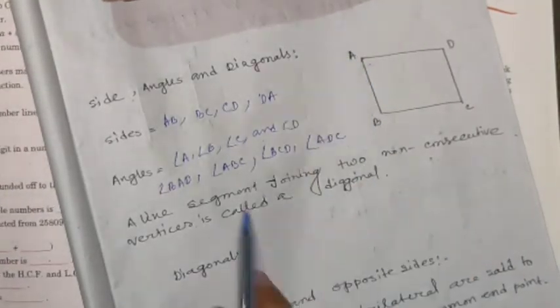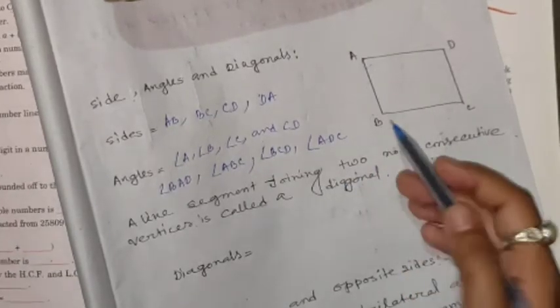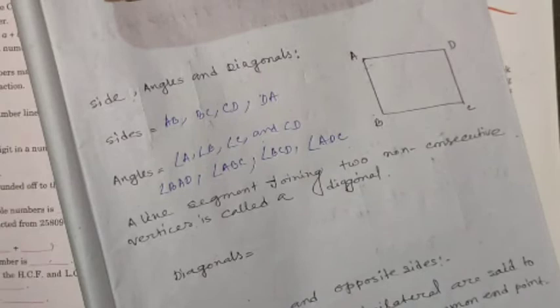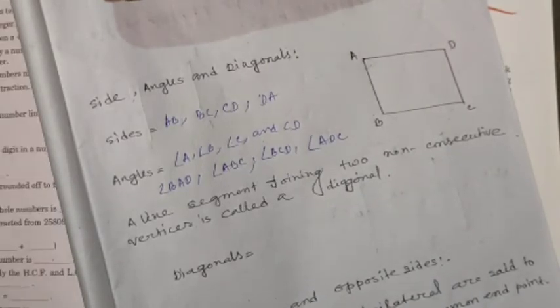But here, a line segment joining two non-consecutive vertices. Non-consecutive means vertices that are not the endpoints of the same side.